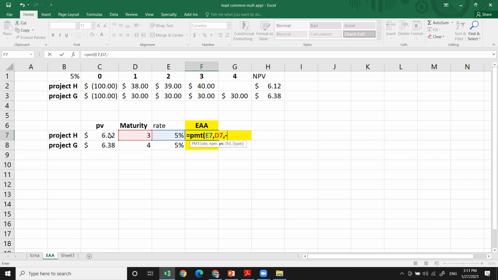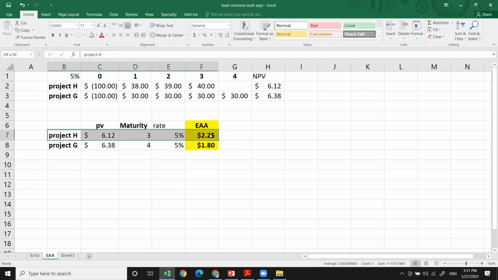You can put the negative sign in here. If I'm not mistaken, it should give me, yes. And PMT for this, or we can do it like this. 1.80, directly it calculates everything. So our decision is to select project H.